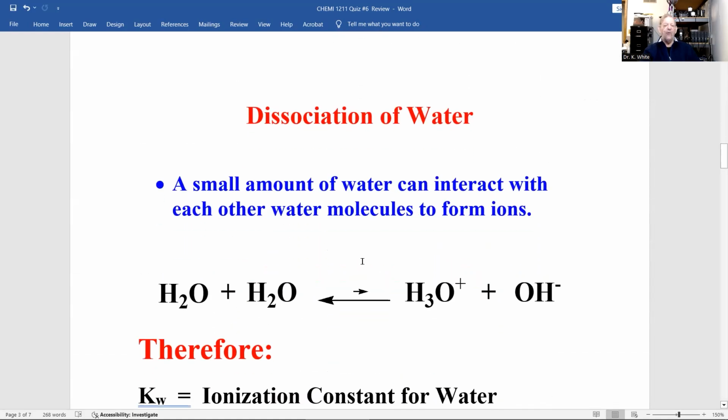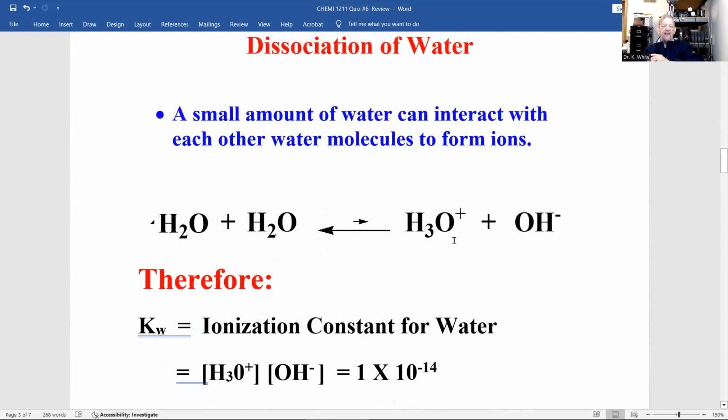Now, it turns out water is in equilibrium with itself, but the equilibrium is mainly to one side. And that's why you see the bottom arrow much bigger than the tiny little top arrow. Water dissociates with itself to give H3O plus, the hydronium ion, and OH minus, the hydroxide.